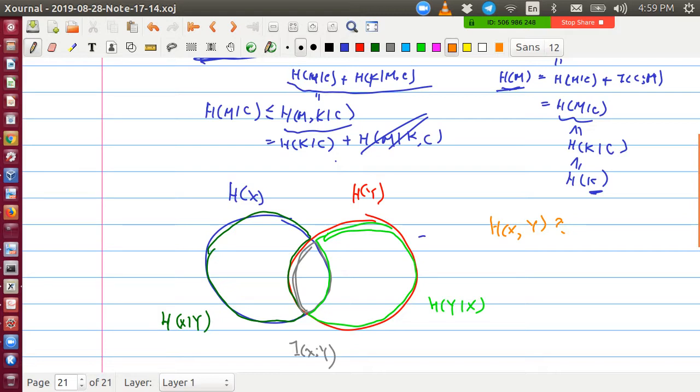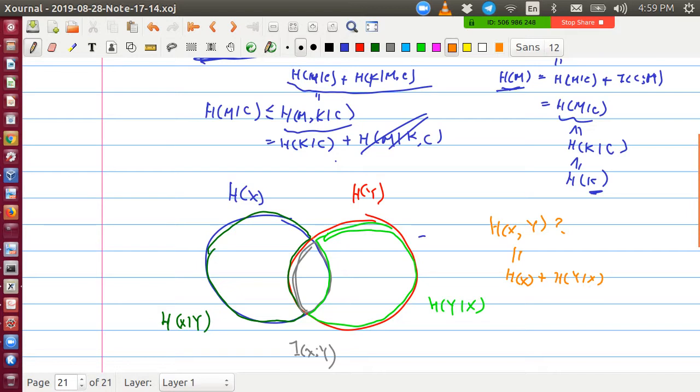I think that I(X;Y) is... Actually, all of these minus this. No, you don't need to minus this. You're almost right. All of this is H(X,Y), because H(X,Y) is equal to H(X) plus H(Y given X).